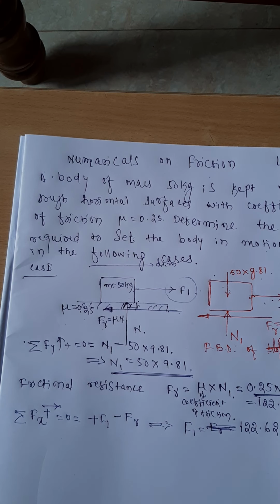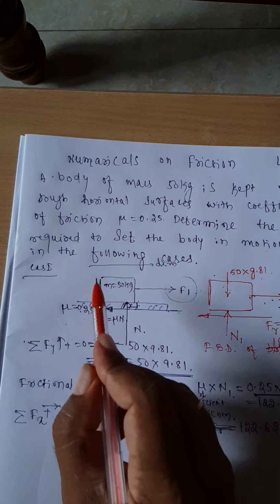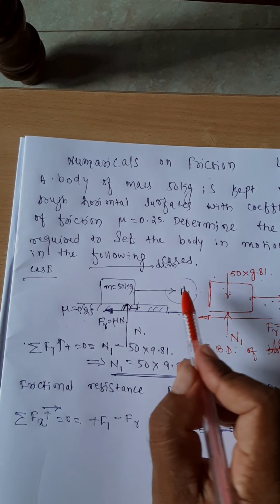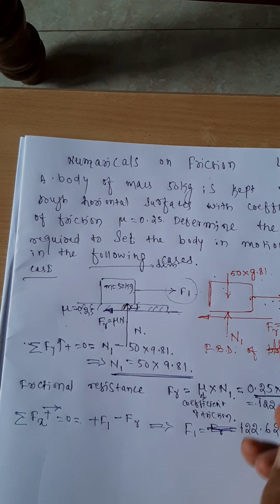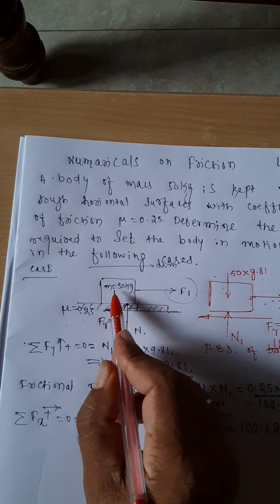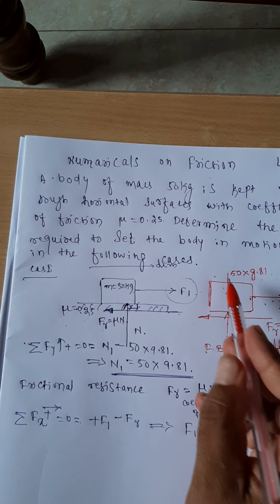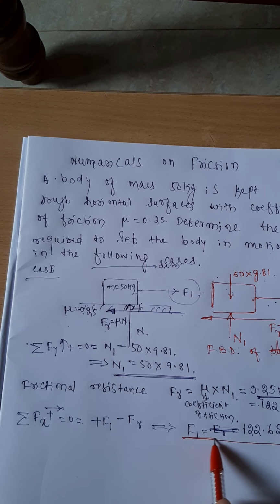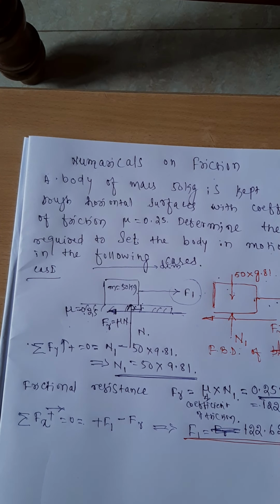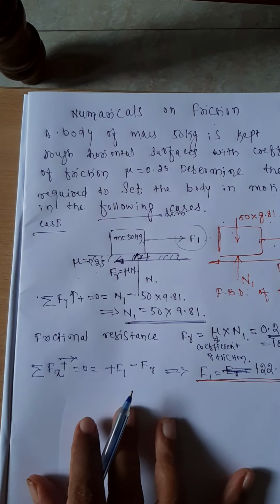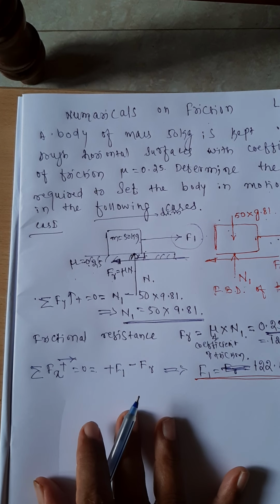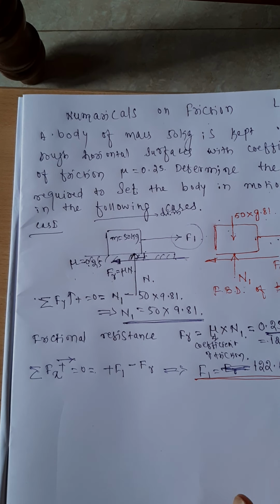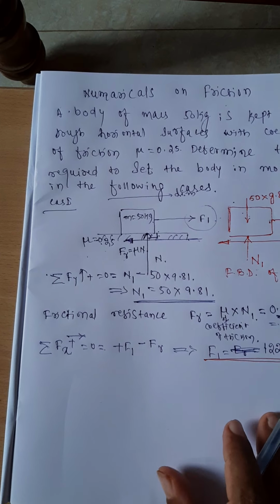Therefore, I got the first answer. Case 1: if the block is kept on a horizontal surface and the force is acting in the horizontal direction, then to overcome the friction and set the body in motion, I need to apply a minimum force equal to 122.62. Is that okay? Now we shall see the second case, which will give us an idea of the role of friction and how it will be useful for us.